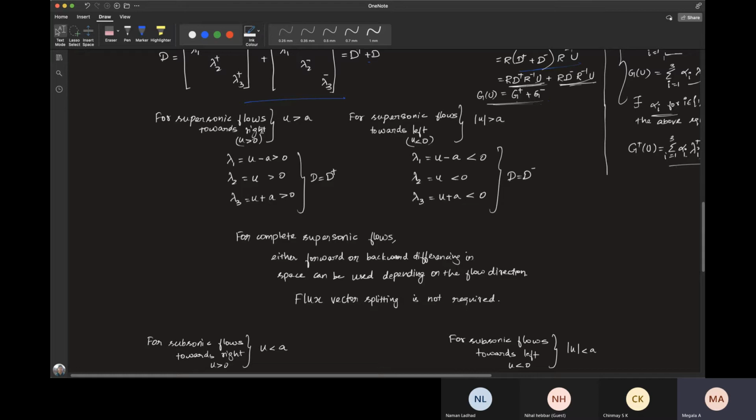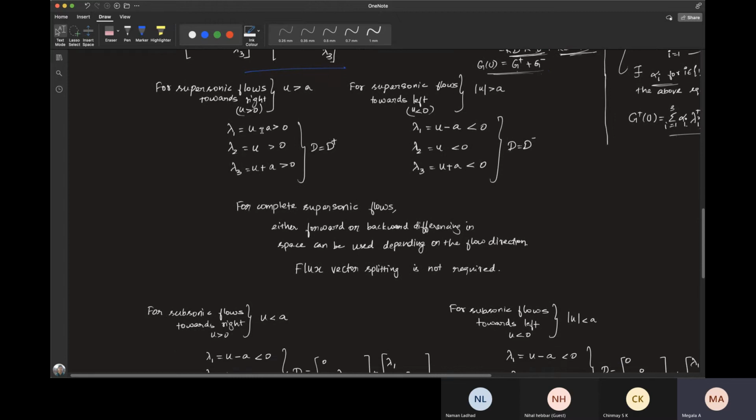And lambda 2, which is u, because it's a flow towards left, u is less than 0, so your second eigenvalue is also less than 0. And your third eigenvalue, which is u plus a, is also less than 0 because u is a negative quantity, and the magnitude of that negative quantity is bigger than a. So the minus will dominate and you will have a negative quantity. I mean, your third eigenvalue will also be negative. So that way the whole of your D will be equal to D minus, and in this case D plus is 0.